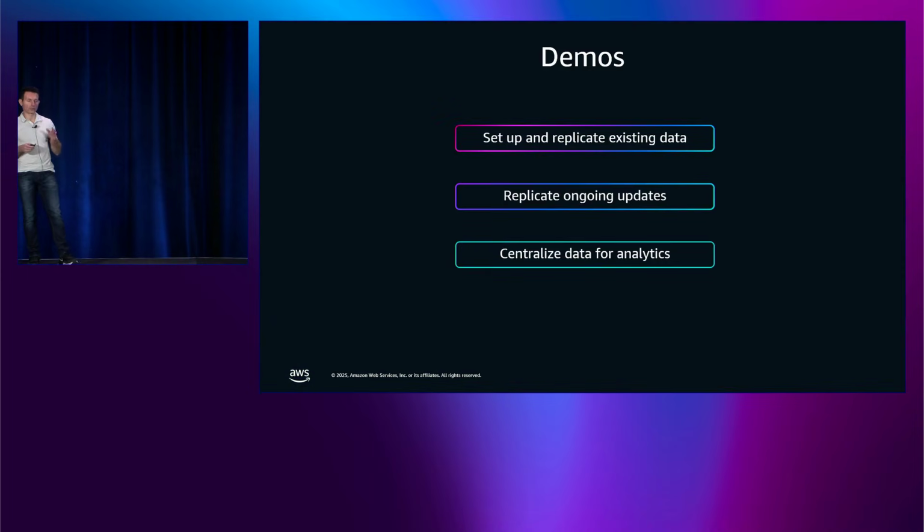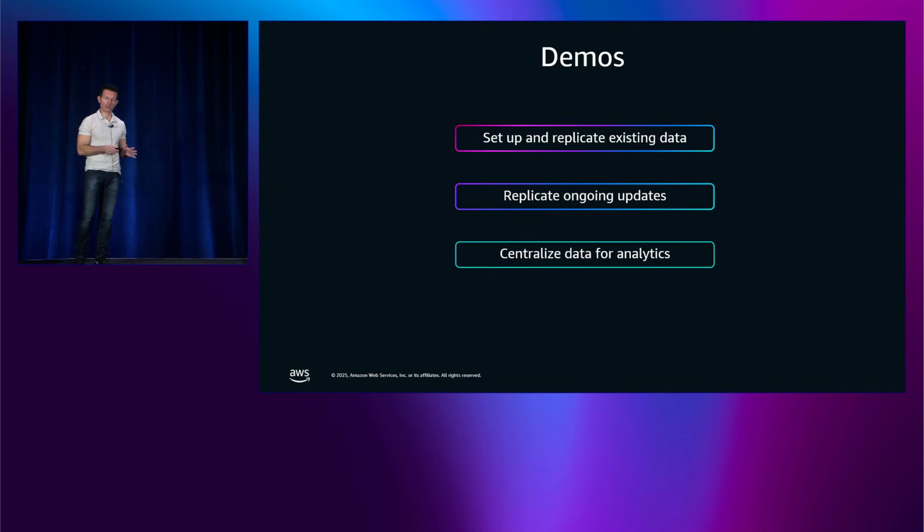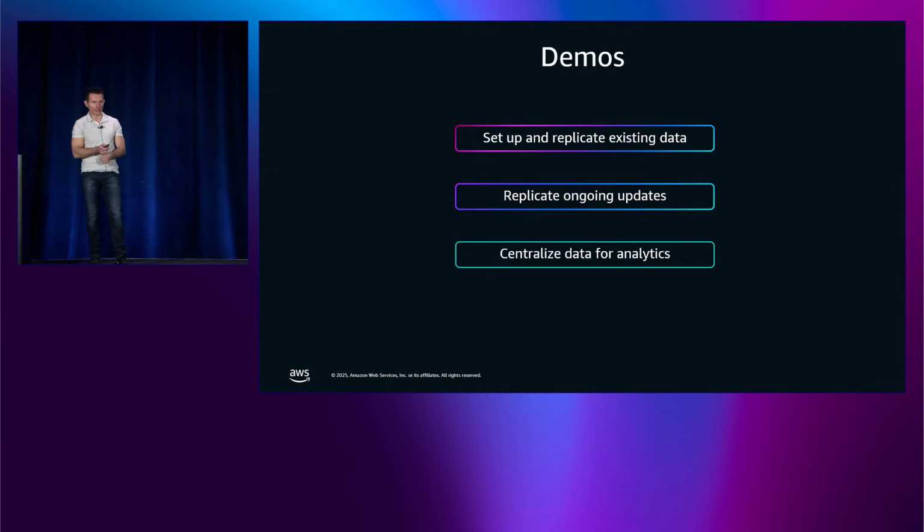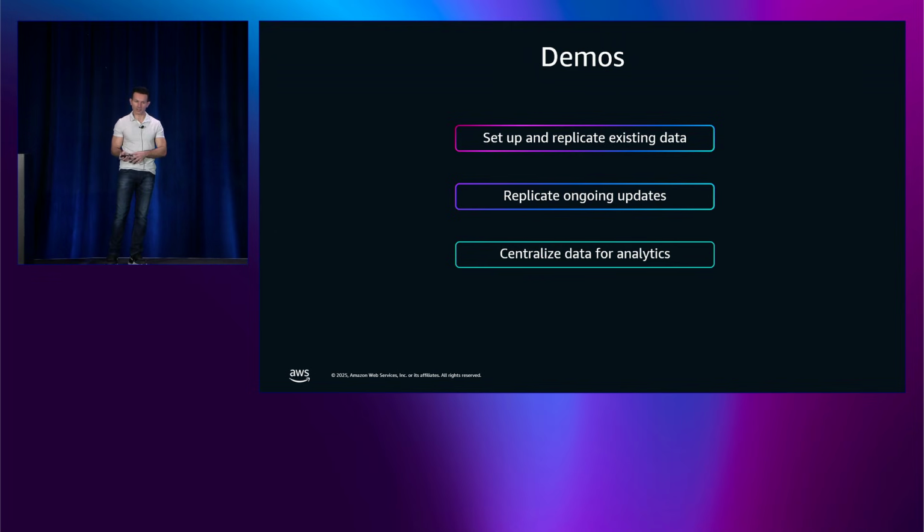Thank you, Aritra. I'm Nikos, and today we're going to see together something really interesting: how to replicate S3 tables across regions and across accounts. We're going to look into 3 specific demos. The first one is how to configure table replication and how to backfill your existing data from the source to the replica. The second one is about replicating ongoing updates, new records that land in your source table.